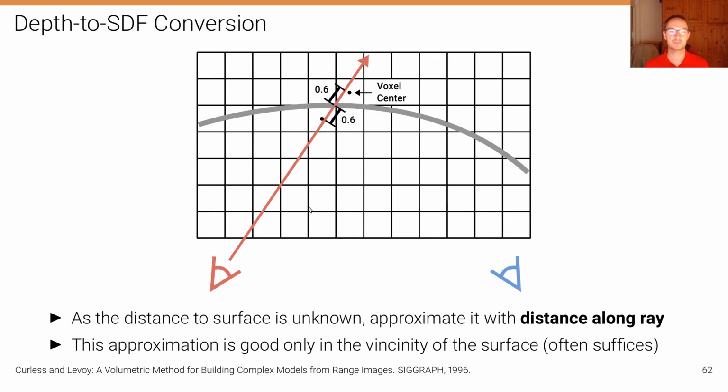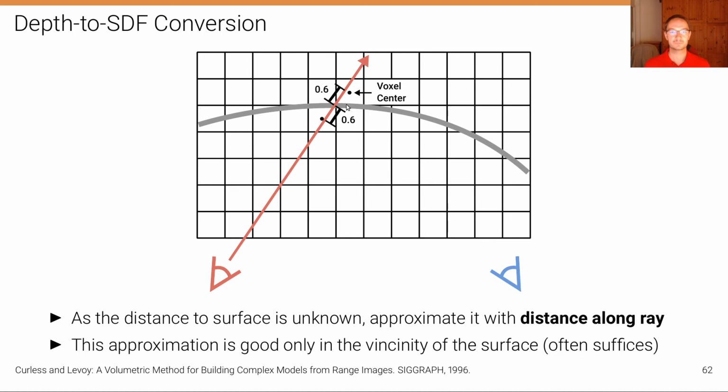If you would consider, for instance, this voxel here, and there would be another object here, then of course the distance to this object would be much smaller than the distance to this object. But because we often only fuse, we assume that the reconstruction is pretty good already, and we fuse in the vicinity of the surface. We don't consider distance values that are far away, but just do the actual computation close to the surface.